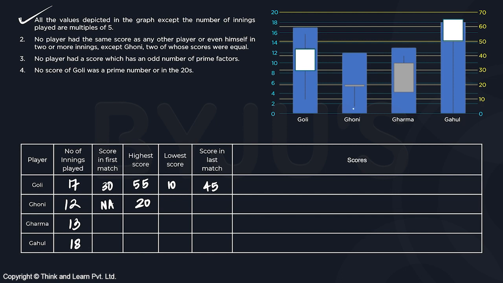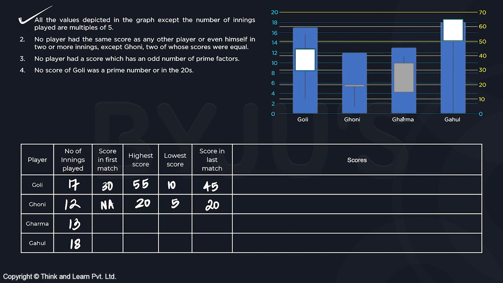The lowest score is the tip of the line at the bottom, which is between 0 and 10, which is going to be 5. And for the score in the last match, the last match is the gray line, which is back to 20. So the highest score he has made is 20 and the lowest score he has made is 5.